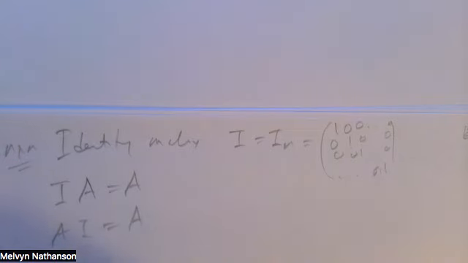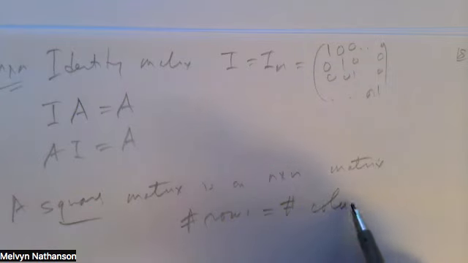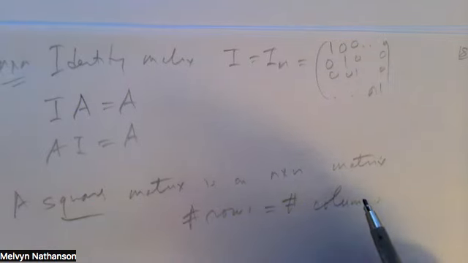So a square matrix is an N by N matrix. That means the number of rows equals the number of columns.